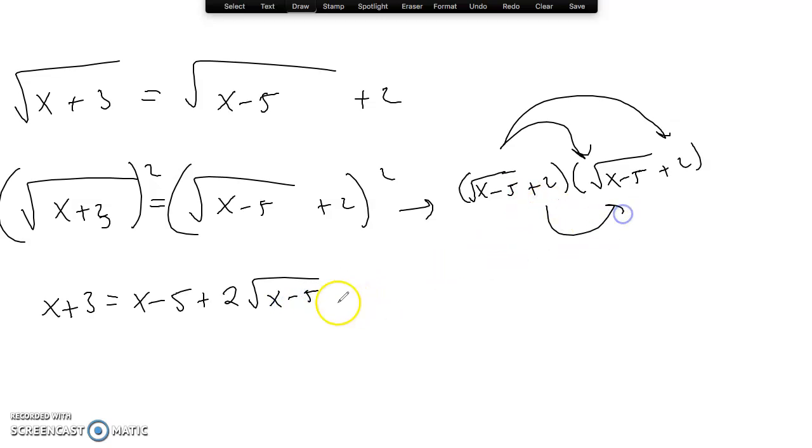Then I have 2 times radical x minus 5, that's another 2 radical x minus 5. Then I have 2 times 2, that's 4.